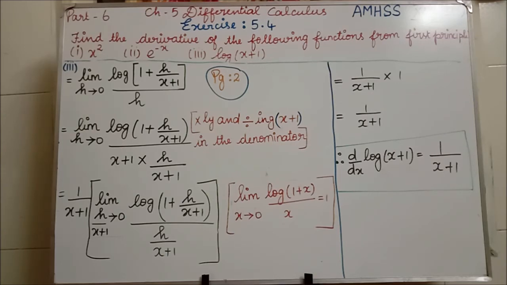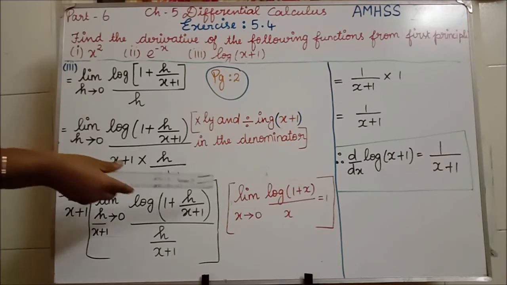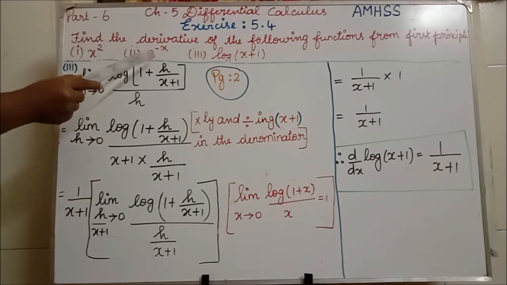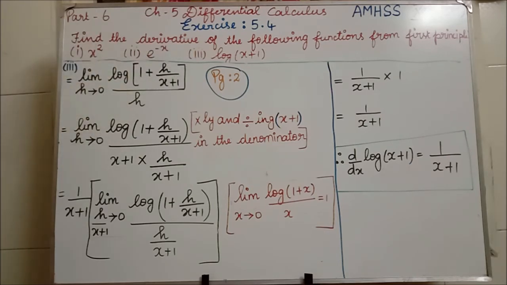Why we are doing like this: we have one formula. In the first question, second subdivision, we used a formula using the exponent formula. In the third subdivision, we are using the logarithmic formula. These formulas we have seen in the part 4 video itself, before starting exercise 5.2. So you go through that formula and you will be very clear.